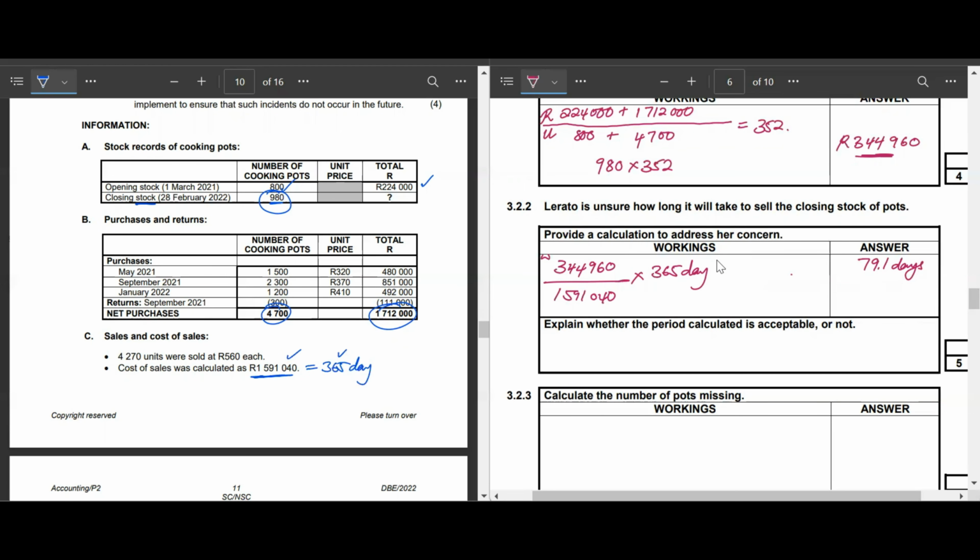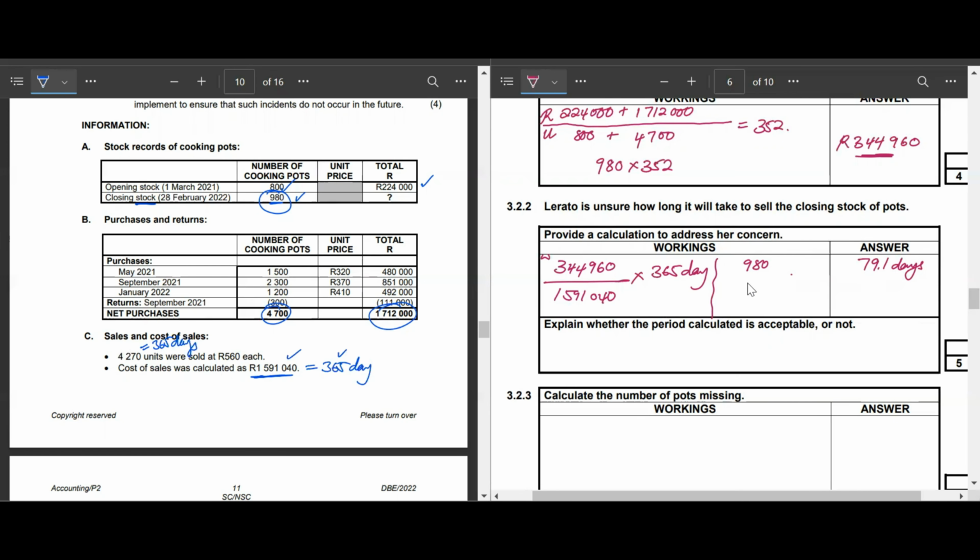The other option is to use your units. I want to know how long it would take to sell 980 units, yet I have sold 4,270 units in 365 days.